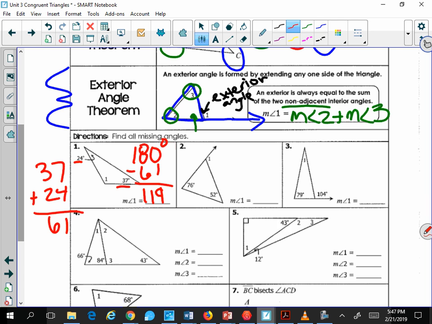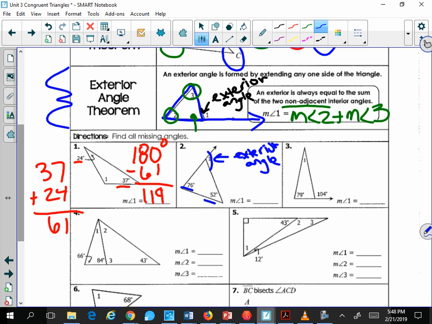Then for number 2, that's where we start to get into the exterior angle stuff. Luckily we have our theorem right there above us. Angle 1, that's my exterior angle. That's the thing that they are looking for. So using that exterior angle theorem, it's saying that the measure of angle 1 is equal to those two non-adjacent angles added together.